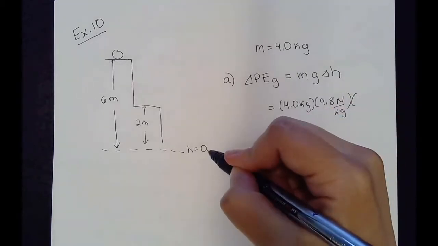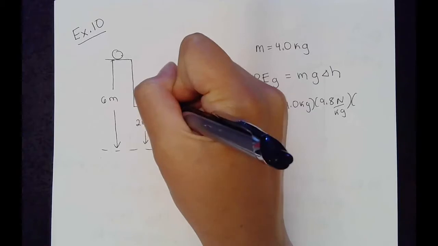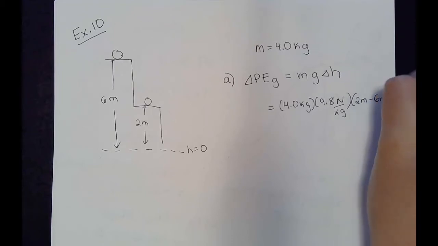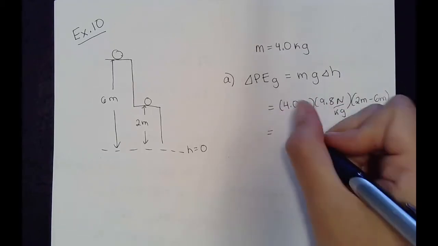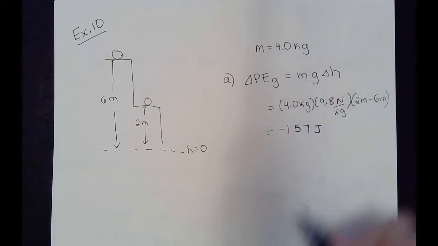It's moving from this point, the initial point, to the final point here. So I'm going to have 2 meters minus 6 meters for the height difference. So that's negative 4 meters, and this gives negative 157 joules.